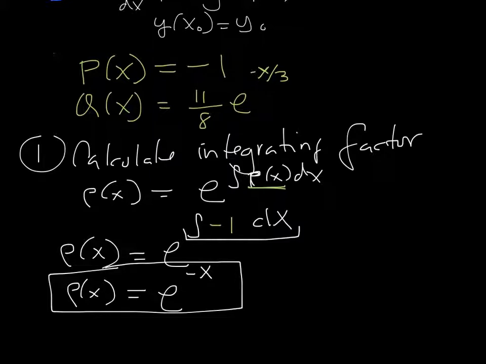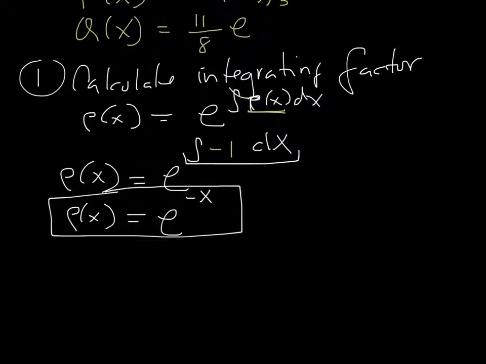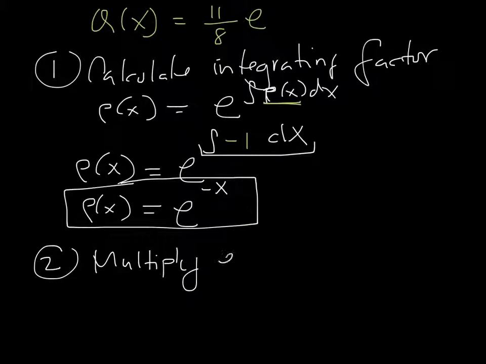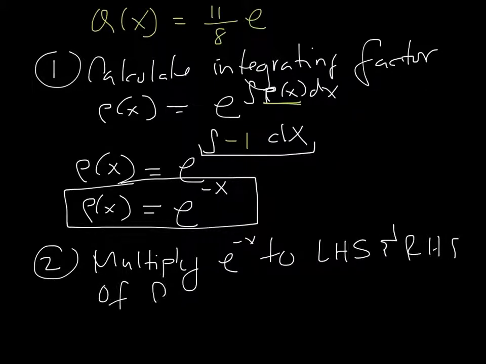And the next step is we're going to multiply this integrating factor to both sides of our differential equation. So step 2 is I'm going to multiply e to the x... I mean e to the negative x to the left-hand side and right-hand side of our differential equation.